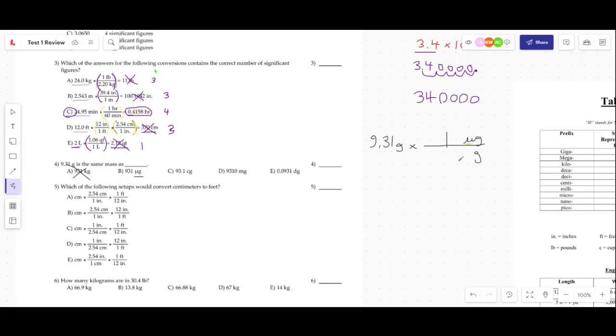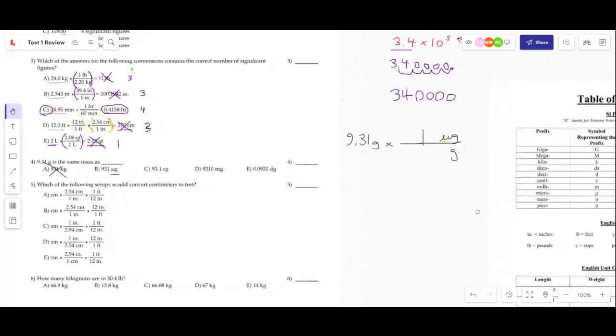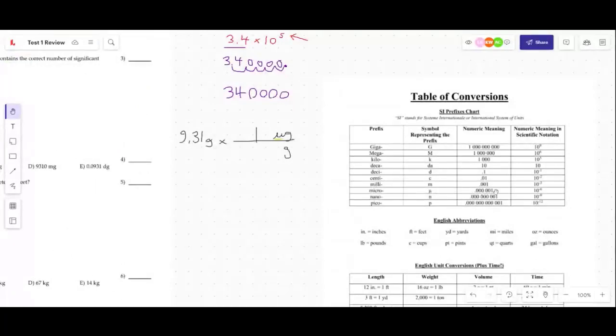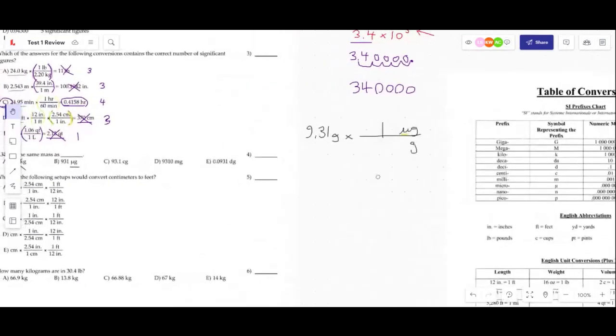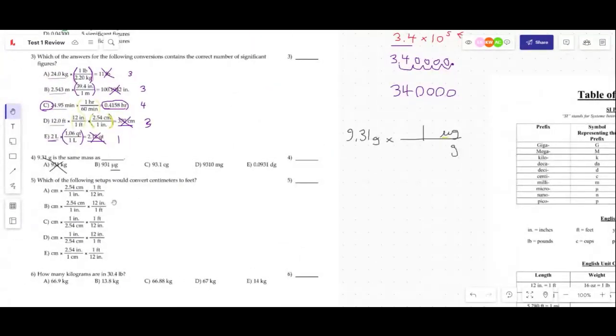So I put the meaning of the prefix in front of the base unit on the bottom. Looking at micro on our conversion factor chart, micro is 10 to the negative 6, or 0.000001. So 1 microgram is 10 to the negative 6, or 0.000001 grams. That's what I'll write here.